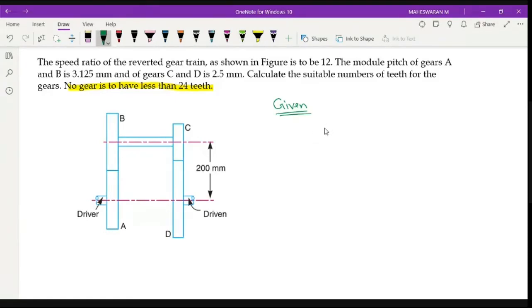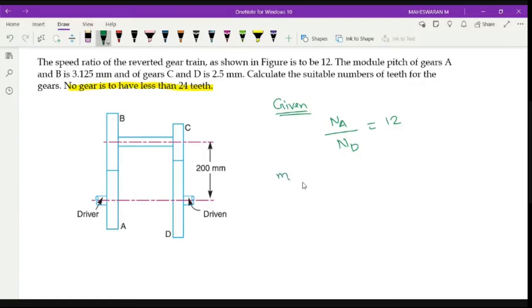They mentioned in the diagram that A is the driver, which means NA divided by ND. So input is NA, output is ND. So NA by ND is 12. That is given.